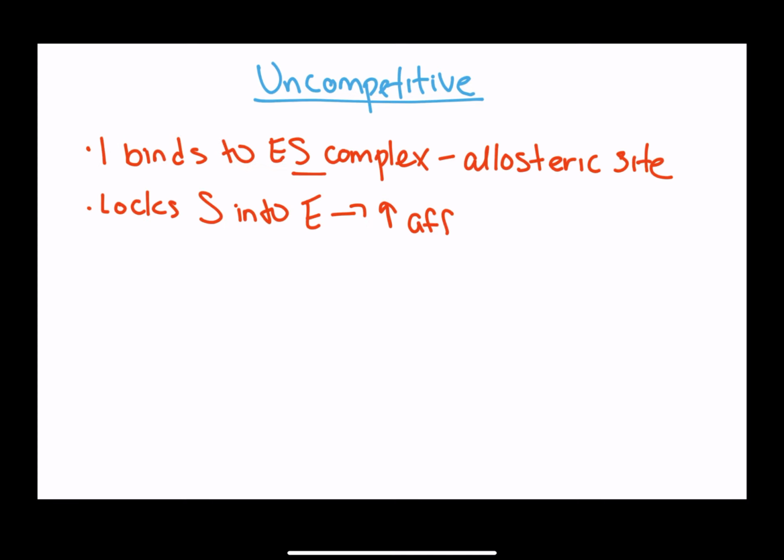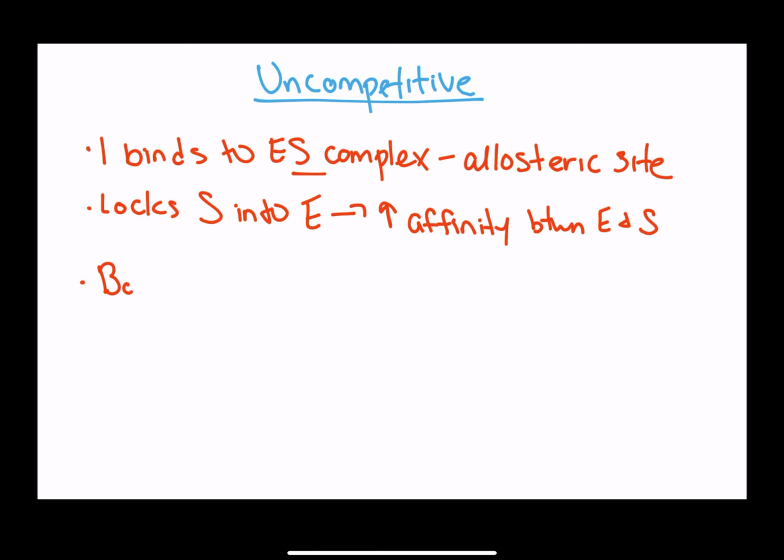And so what this essentially does is it locks the substrate in, which increases the affinity between the two, and actually allows the binding site for the inhibitor to form.